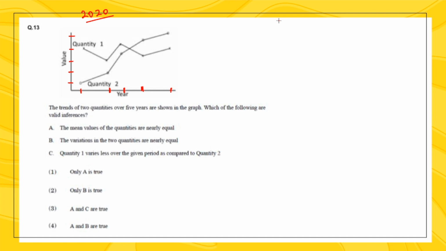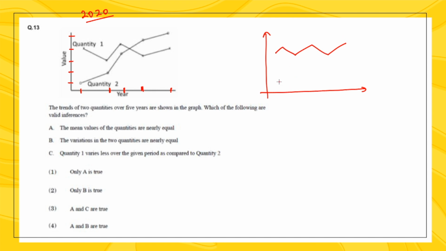Now one thing you must know, and I have discussed this in the speed and time graph class as well: if a graph changes only slightly, then the values do not have much variation, meaning the values are quite near, they are not changing much.